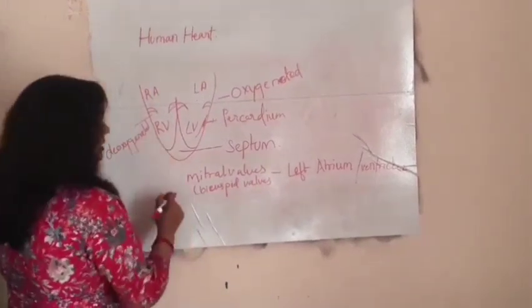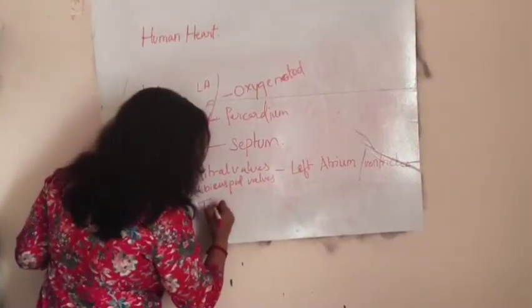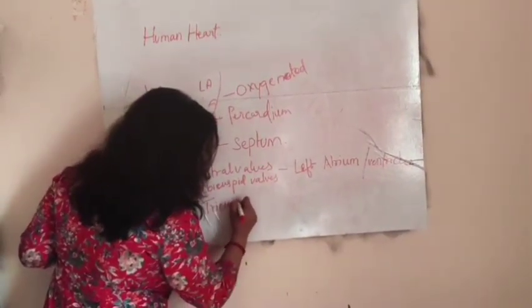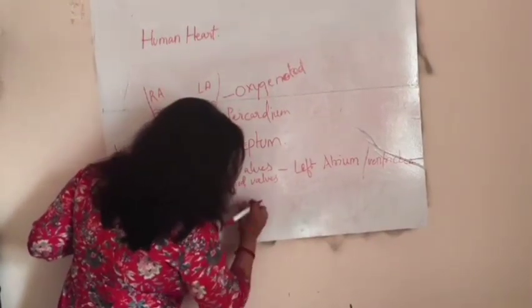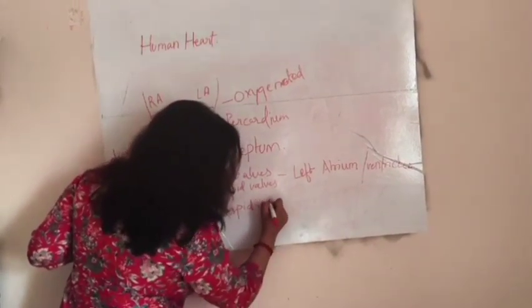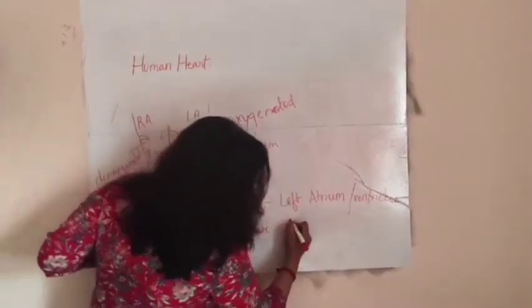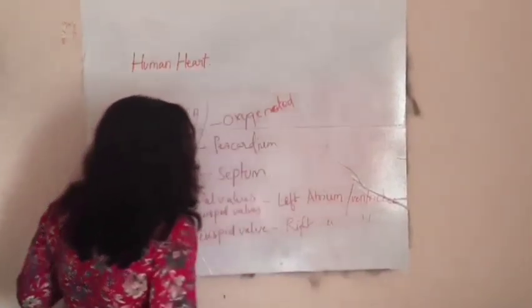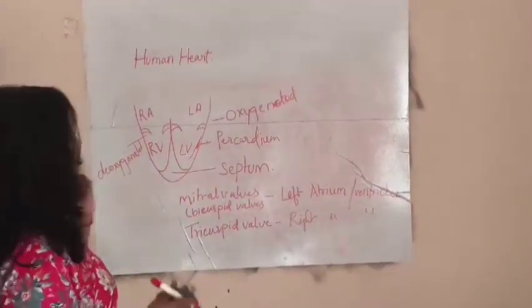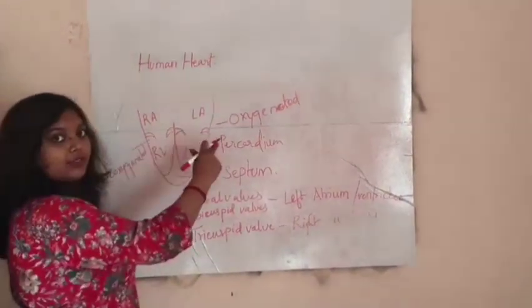Now, the right hand side has something called the tricuspid valve. Okay? We understood that we have valves and we know the names of these valves now.